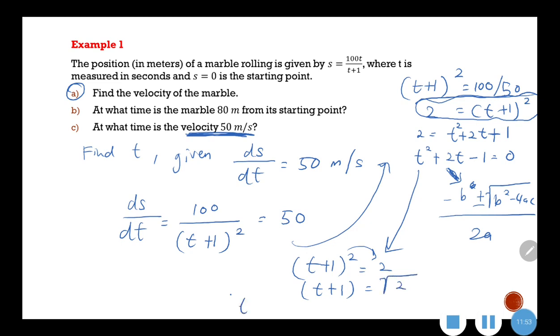So t is plus or minus the square root of 2 minus 1. But the answer is only the positive square root of 2 minus 1, since time cannot be negative.